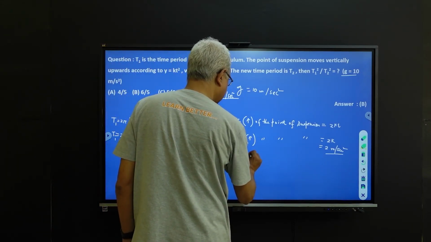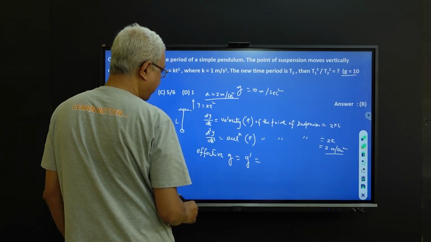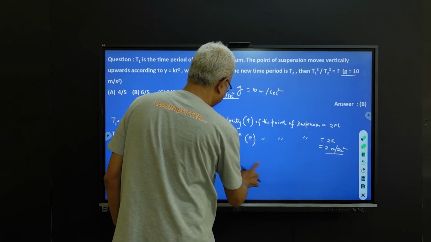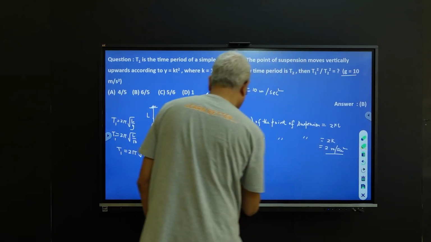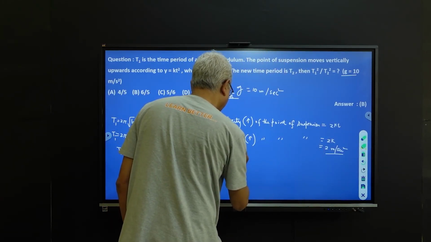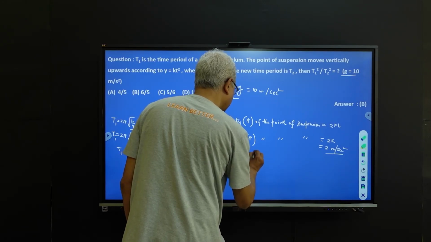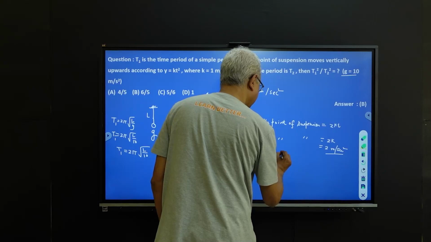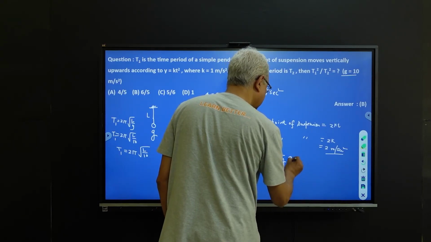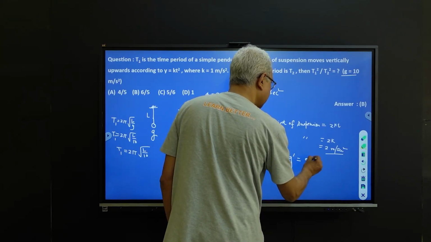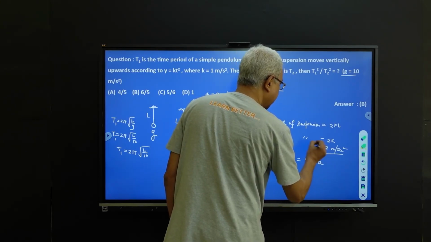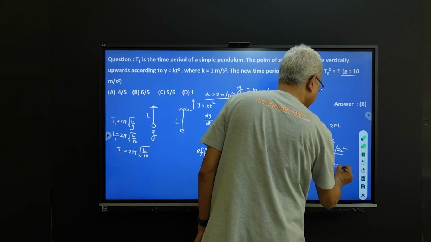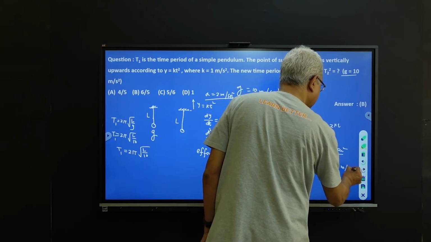If I call this g dash, the effective value of acceleration due to gravity, g dash becomes g plus a, that is 12 meter per second square.